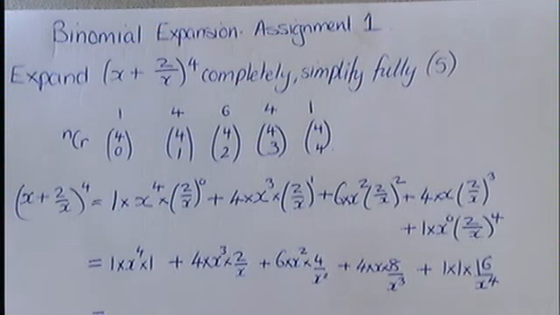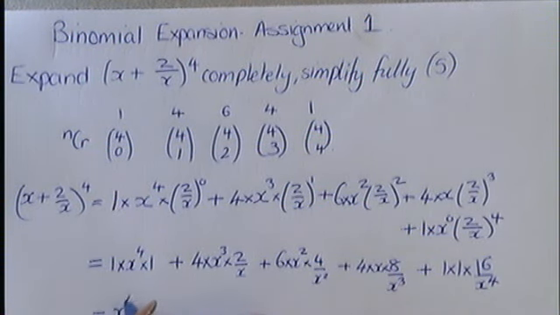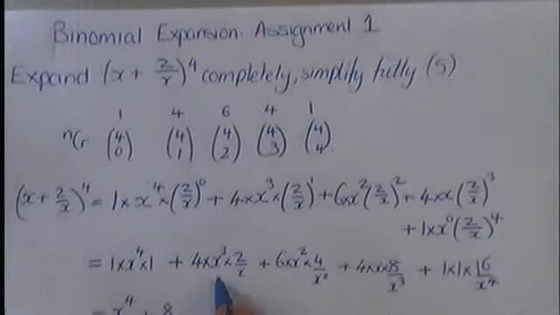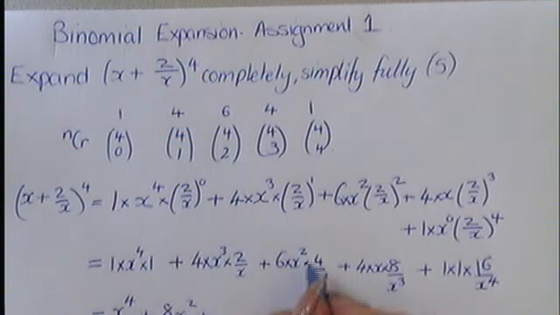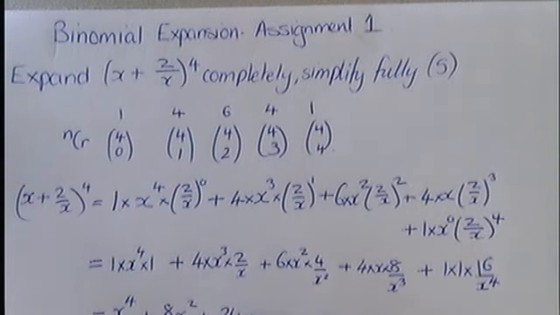So tidying up and get a final answer mark, we have 1 times 1, which is 1, times the x to the 4. Add 4 times the 2 gives me the 8, and I can do a little bit of cancelling. I've got x cubed on the top divided by x, so that's x squared. Add 6 times 4 is 24, and I've got x squared on the top, x squared on the bottom, so it cancels out completely.